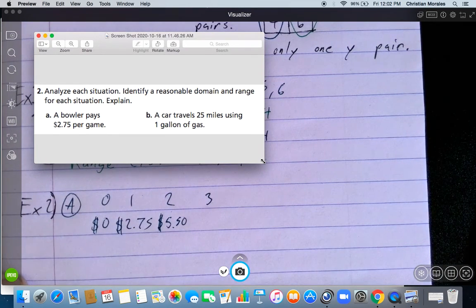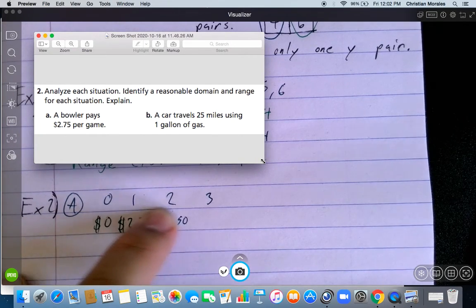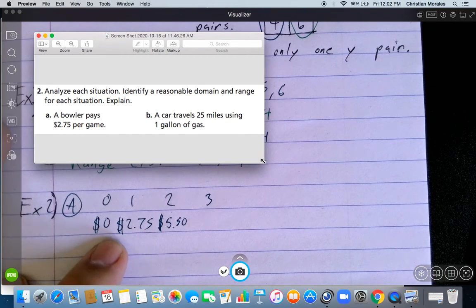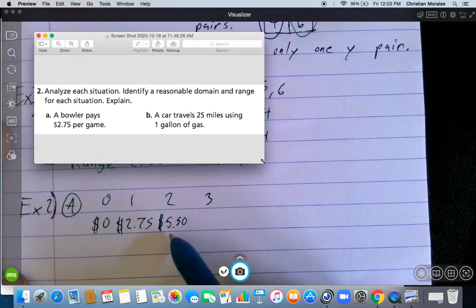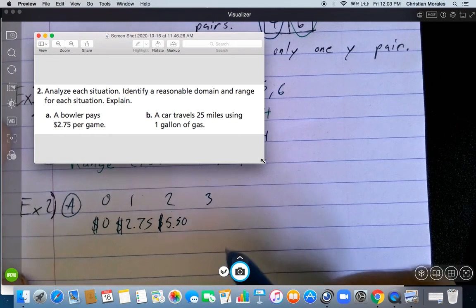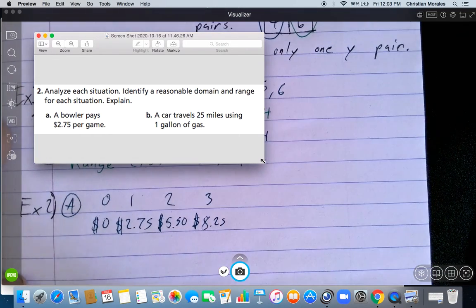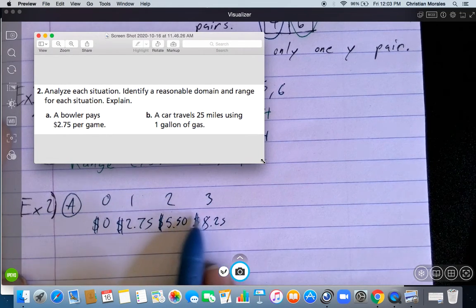So when it talks about a reasonable domain and range, your domain is any number greater than 0. 0, 1, 2, 3 for domain. For range, though, your numbers would be increasing from 0 by $2.75. So if I add $2.75 to this, it would actually get $8.25. So where x is this part, that's my domain, and range is this.